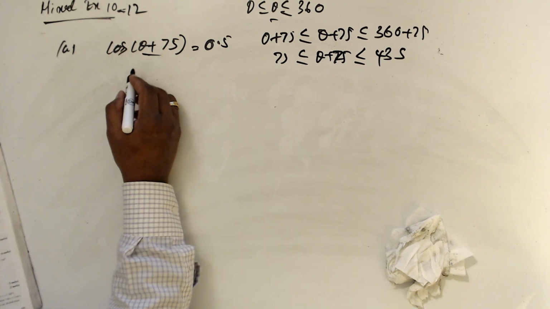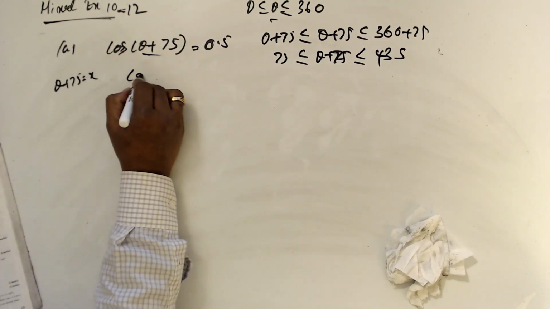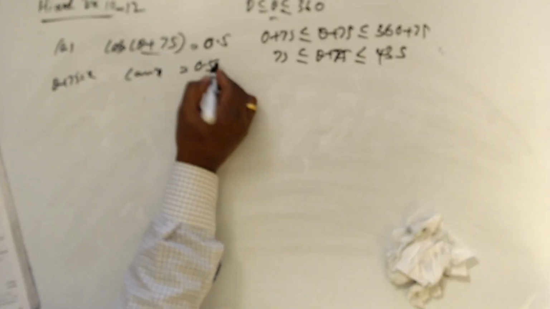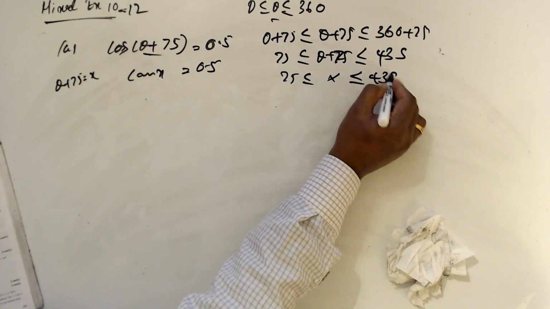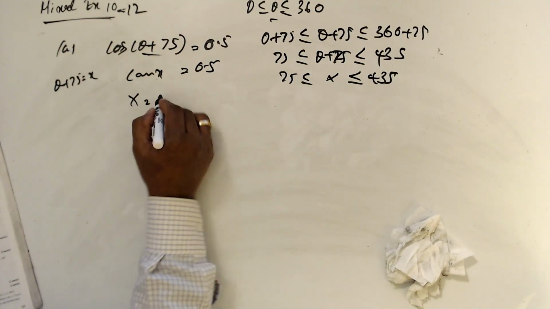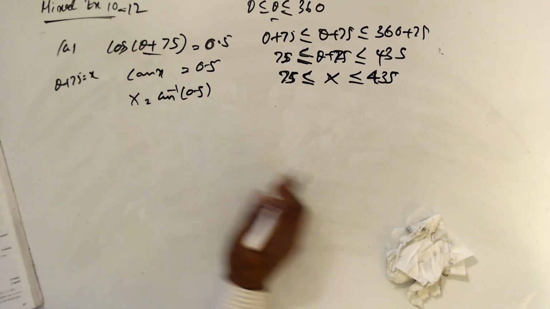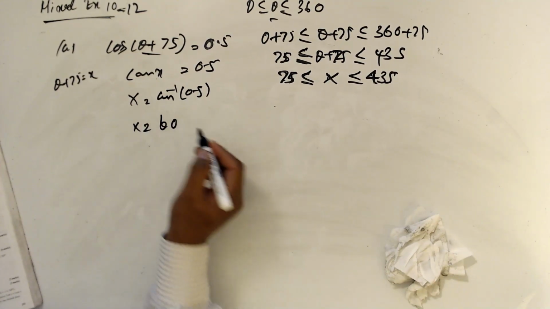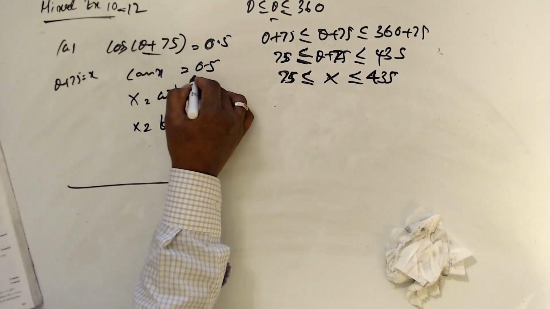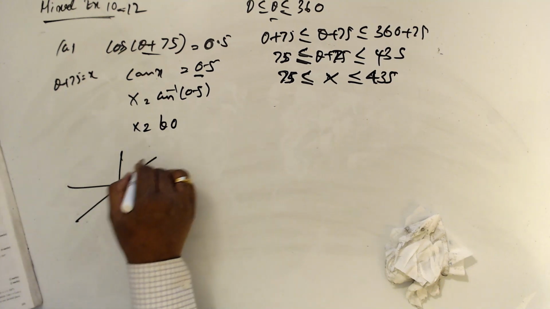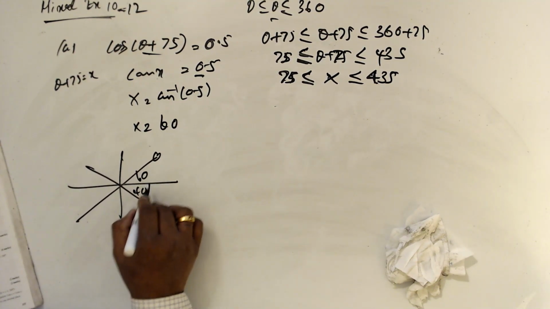Let theta plus 75 be x. Cos x equals 0.5, with x up to 435. x equals cos inverse 0.5. So x is 60. Now this is a positive value, so it is in the first quadrant and the fourth quadrant.